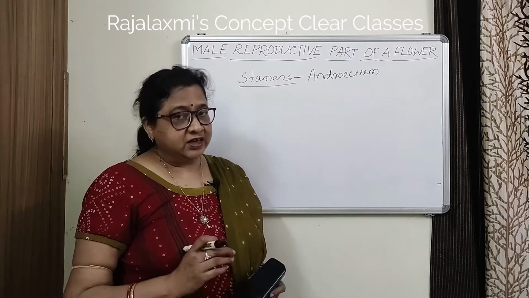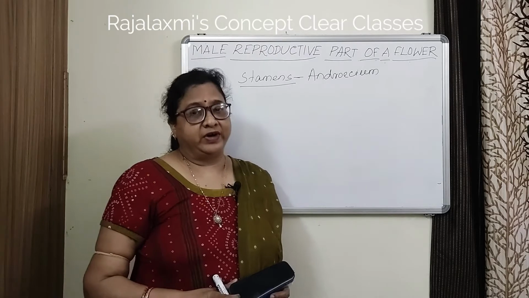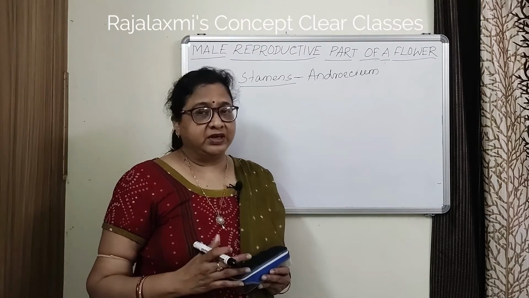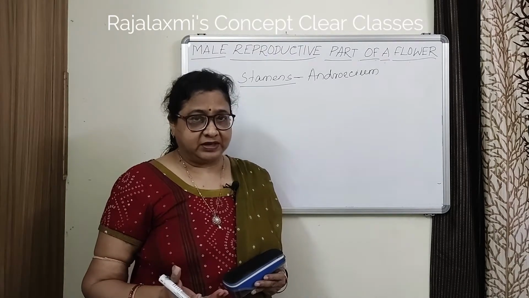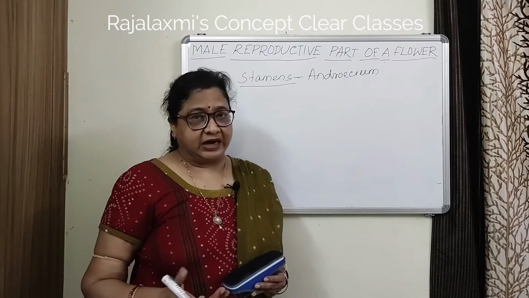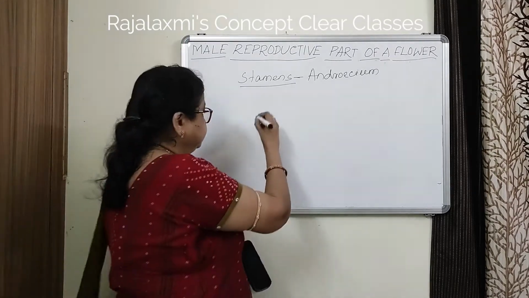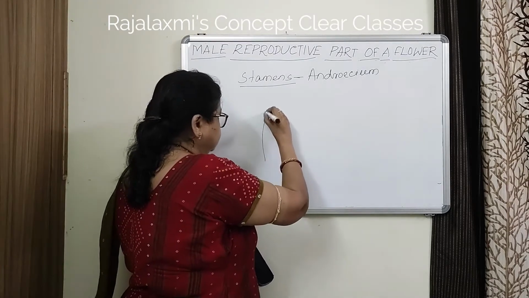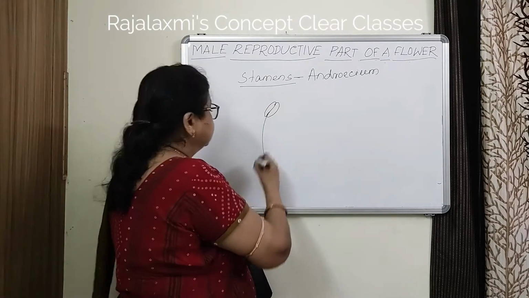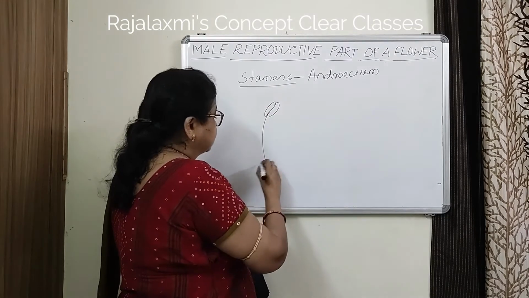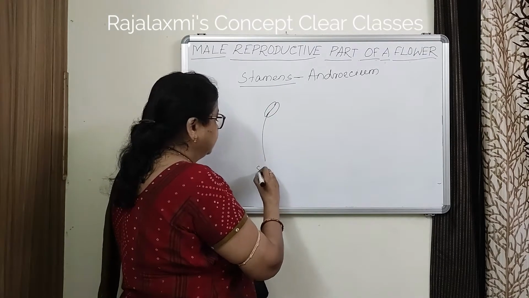If we draw a single stamen, then we will find that it consists of mainly two parts, a stalk-like part that is known as filament and a head-like part known as anther. So this is the structure of a single stamen.